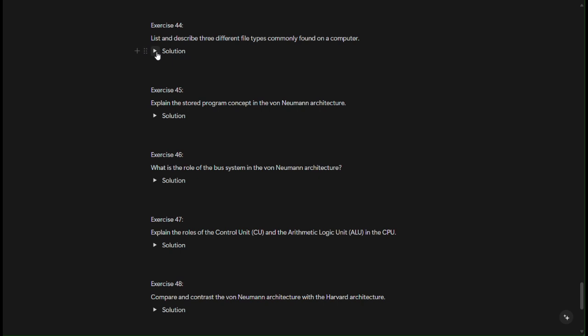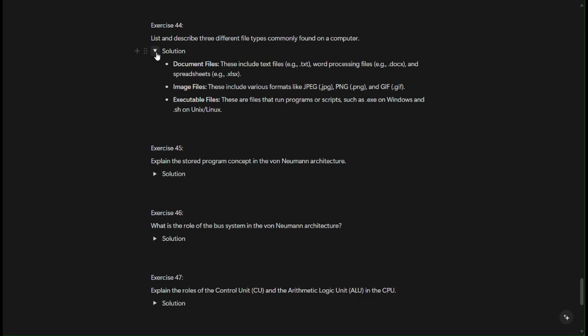Now list and describe three different file types commonly found in a computer. We have document files. This includes text files, word processing files, and spreadsheets. We have image files. This includes various formats like JPG, PNG, and GIF.